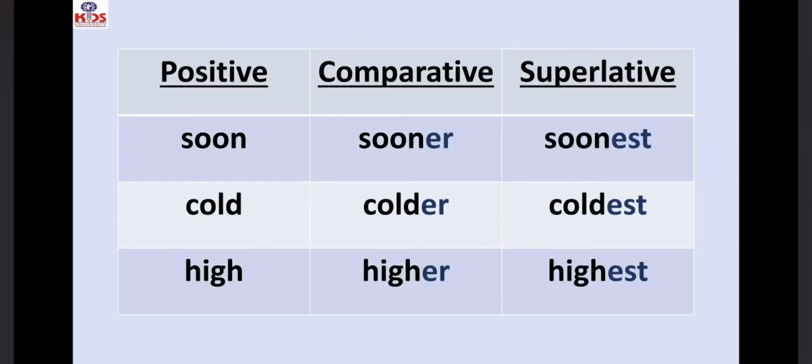Adverbs of one syllable. The comparative and superlative degrees of soon are sooner and soonest. Cold, colder, coldest. High, higher, and highest. We have added er in comparative and est in superlative degrees of these adverbs.